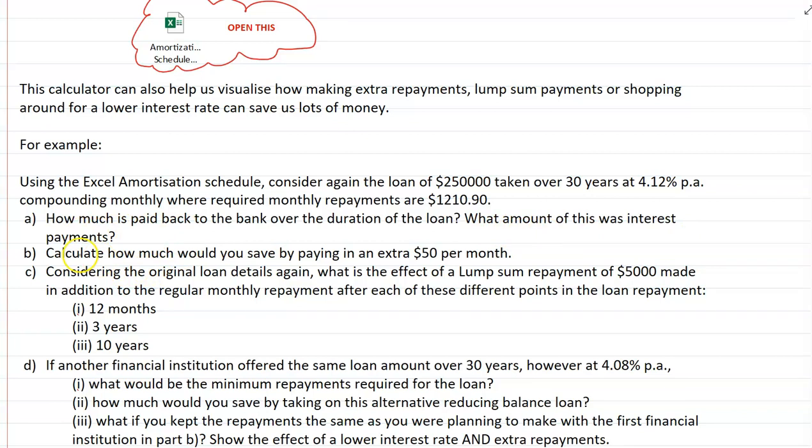Secondly, we're going to look at if we were to make extra repayments of $50 a month, what would be the effect on the loan and potential savings? If I then change it back to the original loan details, what happens if I put in a lump sum repayment of $5,000? And what I'm going to do is put it in at different time periods during the loan to see if that makes a difference on how much we save. And then lastly, we're going to compare it to another loan institution that's offering a lower interest rate and see the effects on potential savings there.